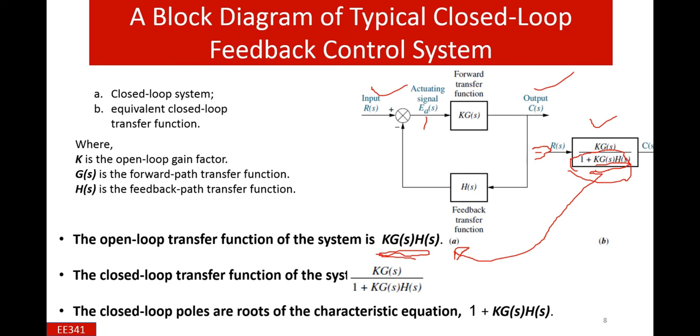And usually we draw the root locus when the open loop transfer function is given in terms of K, and this is an important concept. Again, this is the characteristic equation of the closed loop transfer function.